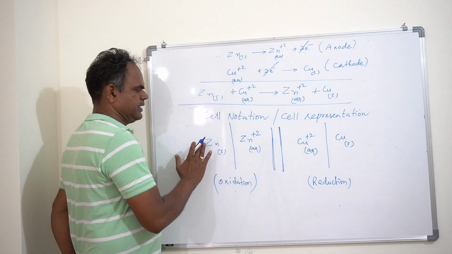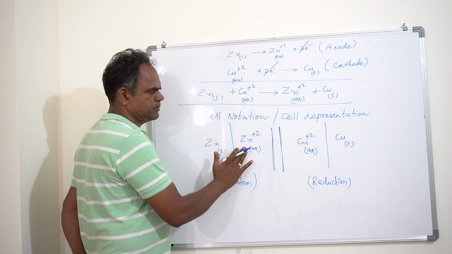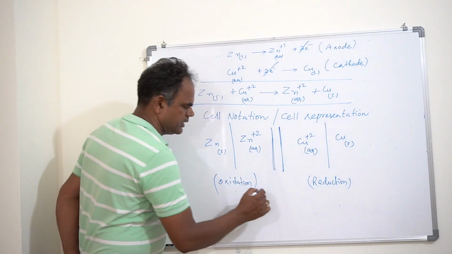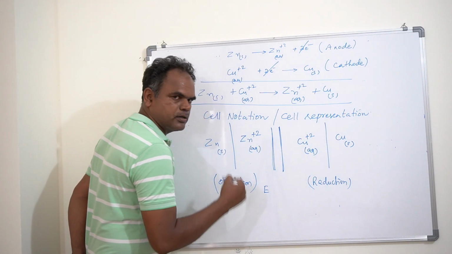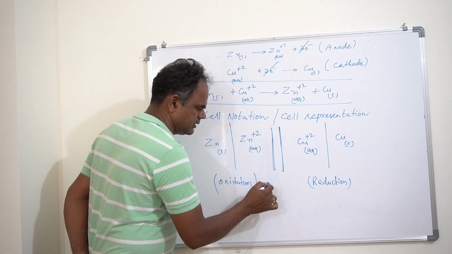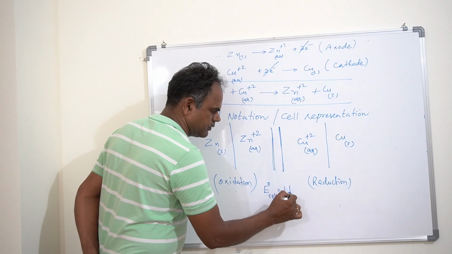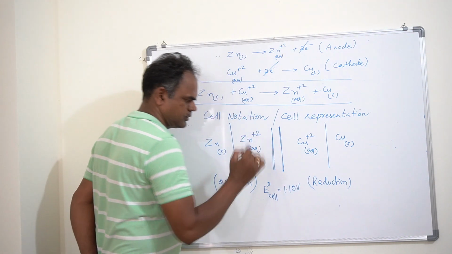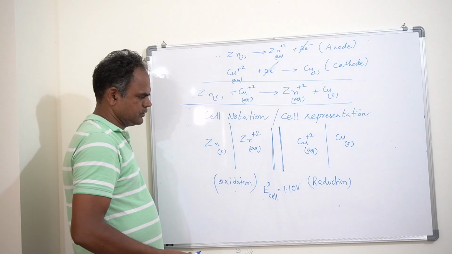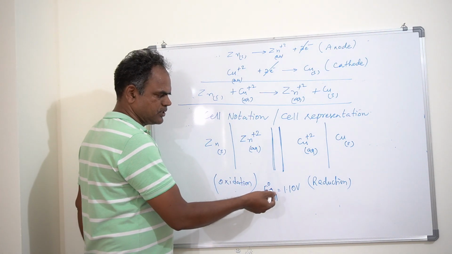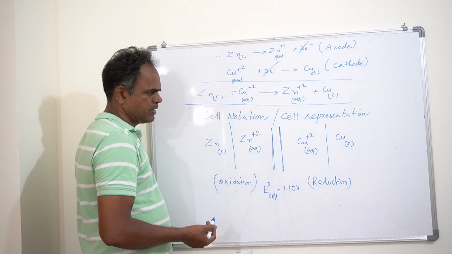When zinc changes into zinc plus 2 ions and cupric ion changes to copper metal, during this reaction the EMF or standard cell potential generated is equal to 1.10 volts.